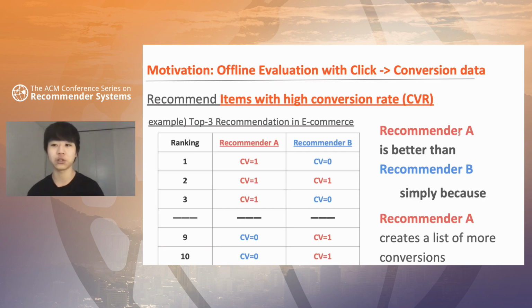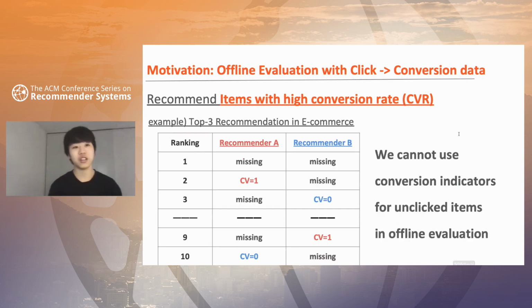It's simply because recommender A is able to create a recommendation list having more conversions than the other recommender. So what we want to do in the offline evaluation is to identify which recommender is best in the sense of having the maximum conversions in future recommendation opportunities, right? So we want to do the offline evaluation.